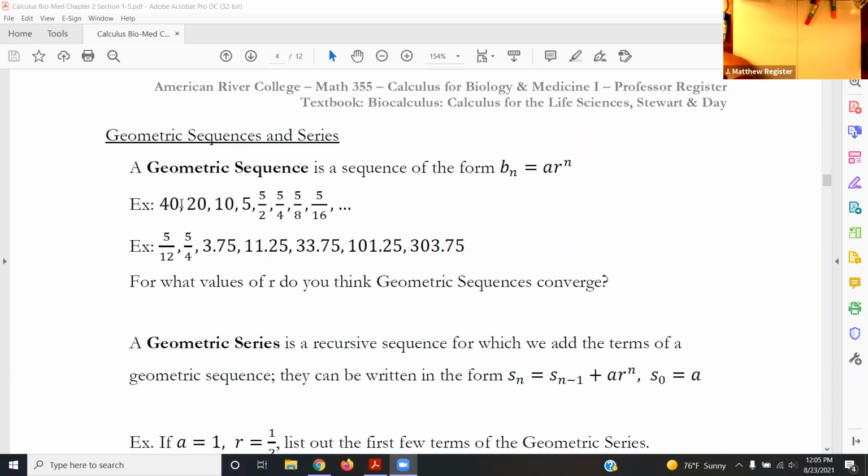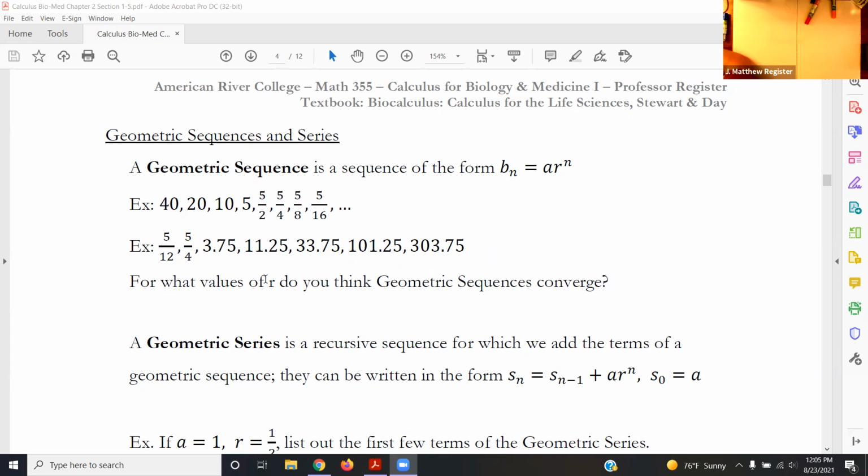Notice this first one converges. It goes to 0. This one diverges. It goes off to infinity. And those are the two cases for geometric sequences. It's always either going to go to 0 or it's going to explode out to infinity. Unless you're talking about negative numbers, in which case it could go back and forth to infinity and negative infinity.